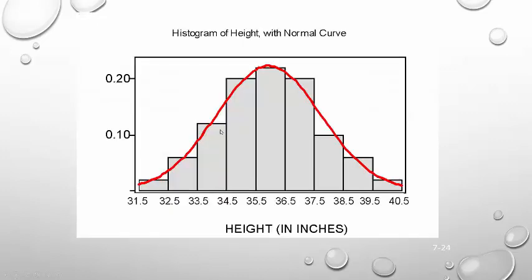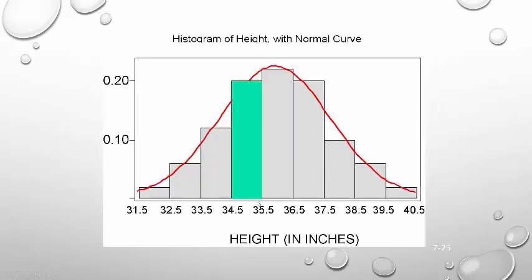Okay, I'll explain that. I drew a normal bell curve, a normal distribution, on top of the histogram. I want us to look at the area of the rectangle between 34.5 and 35.5, this rectangle right here, and compare it to the area under the curve between those values.